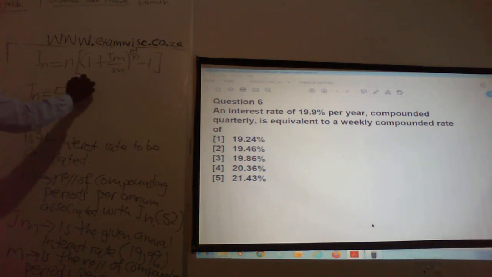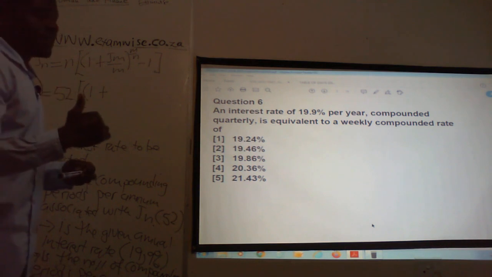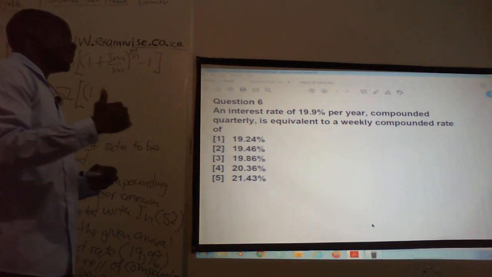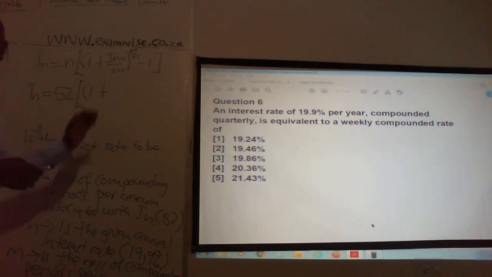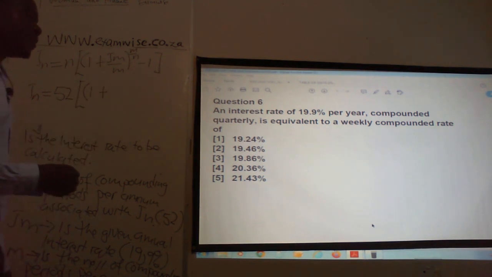Then we open the big bracket, then the small bracket, then 1 plus our Jm, the given interest rate. As long as we are using a formula, our interest rate must be entered as a decimal. It is very, very important.